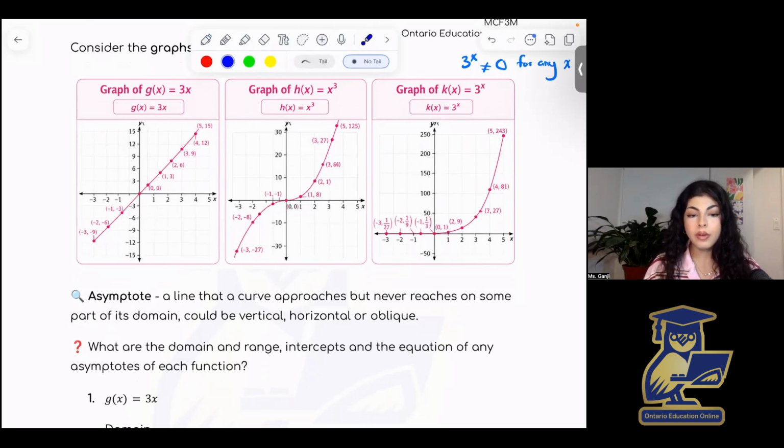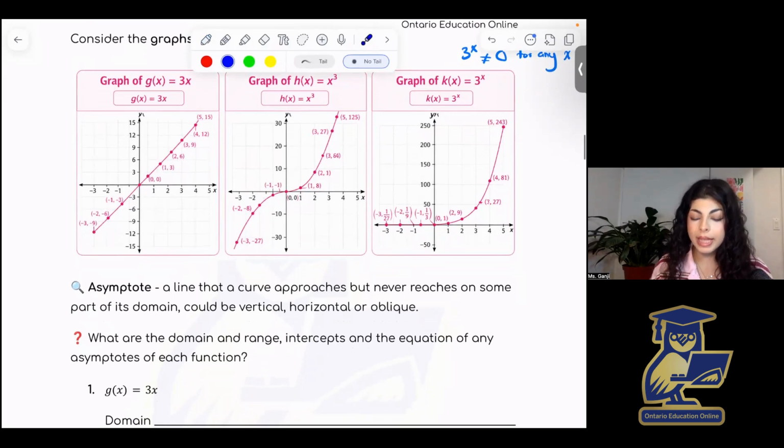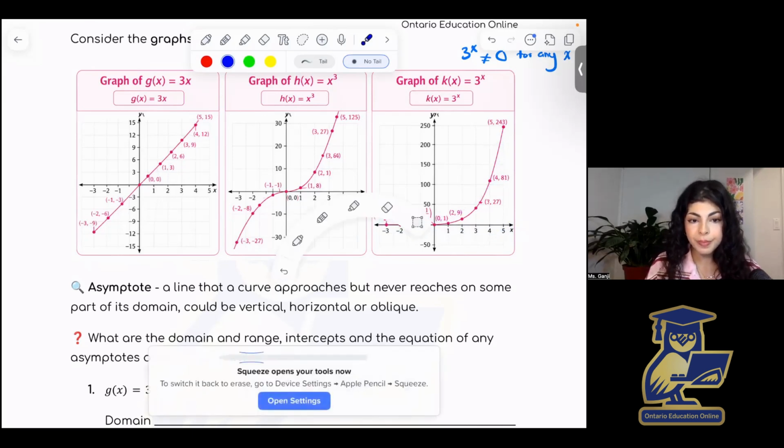We have already also seen this with quadratic functions, so this should be just a review, but they could be vertical asymptotes, horizontal asymptotes, or oblique asymptotes, which are diagonal lines. And in this case, we actually have a horizontal asymptote, which is our x-axis, and we see that this curve will never reach the x-axis, making it an asymptote.